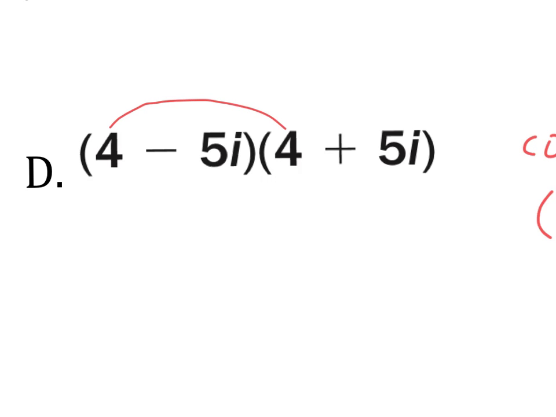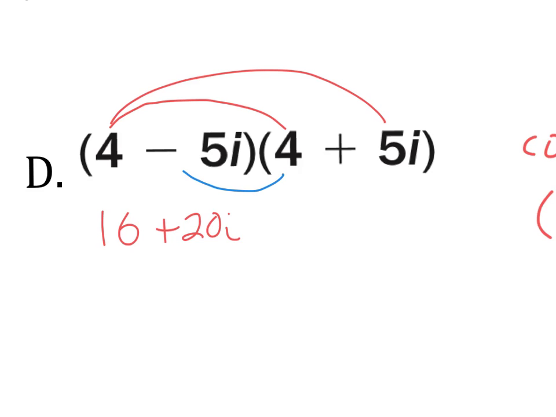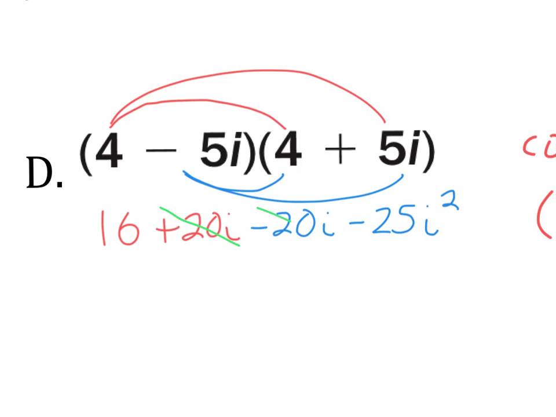So the 4 times 4 is 16. The 4 times 5i is positive 20i. The negative 5i times 4 is negative 20i. And the negative 5i times 5i is negative 25i squared. So in terms of simplifying, we see that these guys here are opposites.